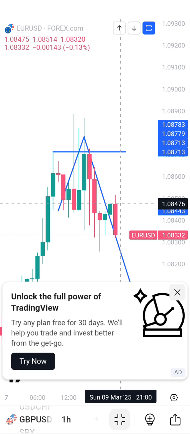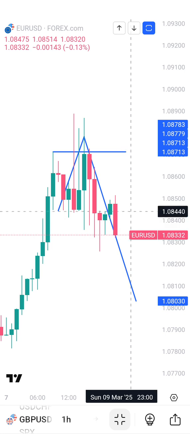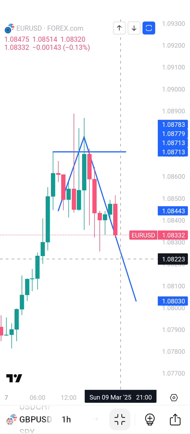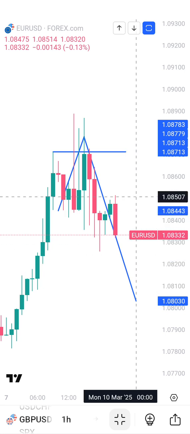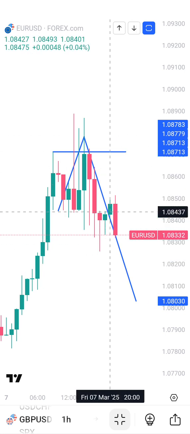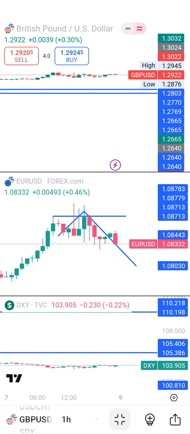Whatever decision they take, that tariff decision or any economic decision, if USD is strong, EURUSD will drop down. But if USD becomes weaker, that means this setup might be violated. All right, that is that on the USD setup and the rest of them. So I think that is that.